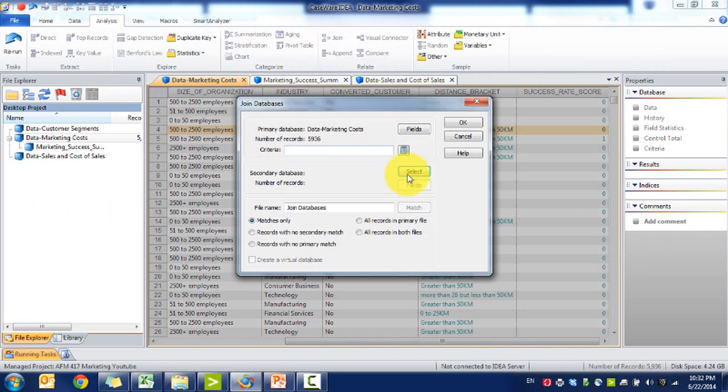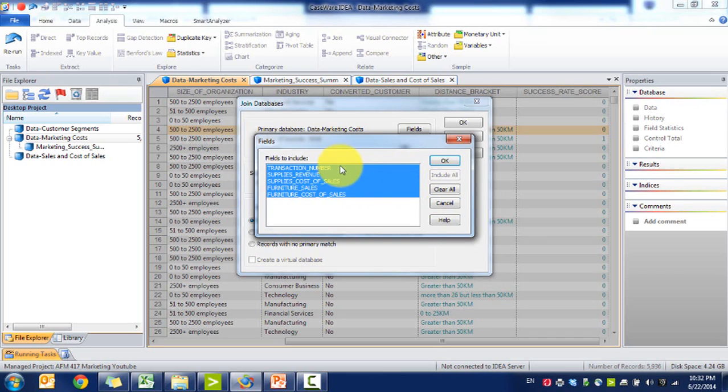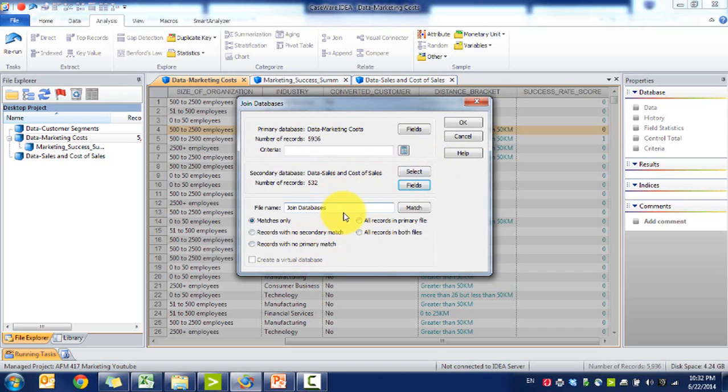So we're going to go to join, and we're going to select customer cost of sales, and we want the revenue, the cost of sales, and cost of sales on the primary, and we're going to call this marketing cost with sales details.